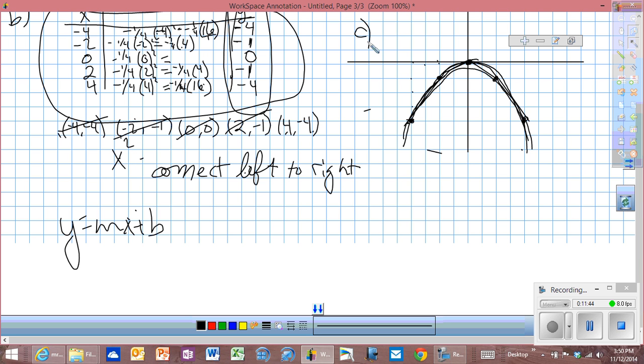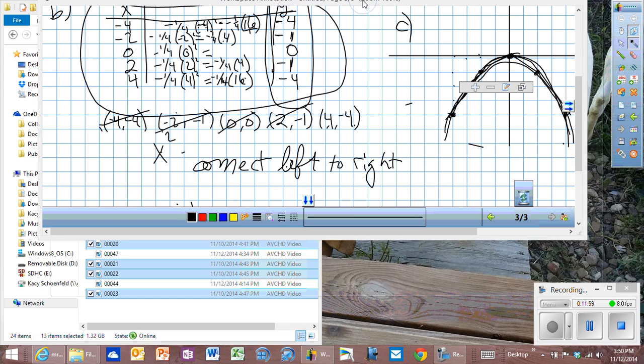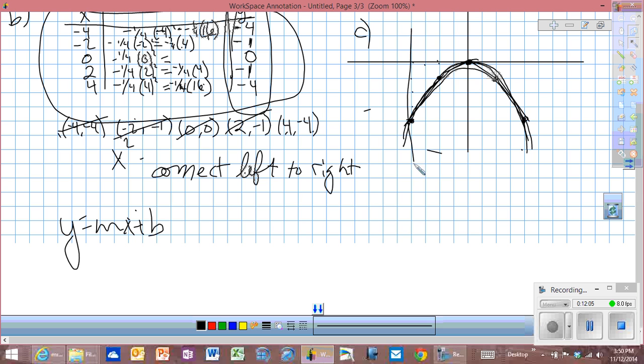And then to determine whether something is a function, the next thing is your question 3s, determine whether something's a function. What we can use even on this guy, I can make vertical lines.